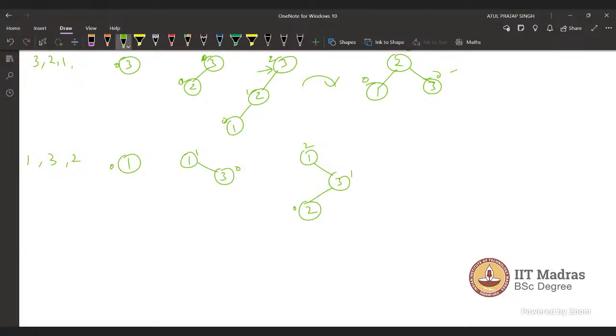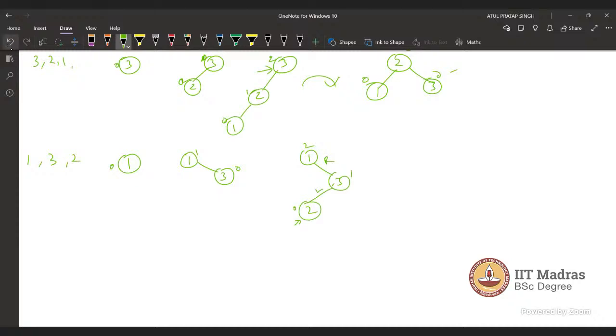In that case, the last inserted node is 2, and it is the left child of its parent node, and the parent node is the right child of its parent node. So this is called RL.